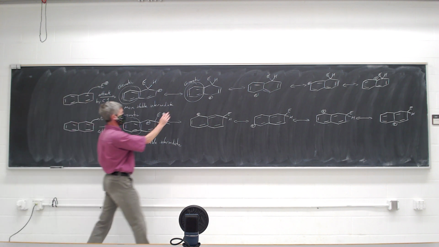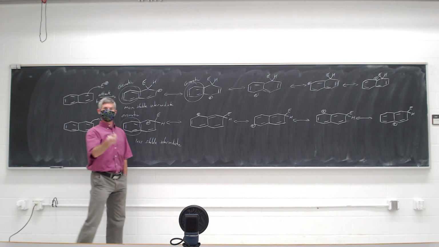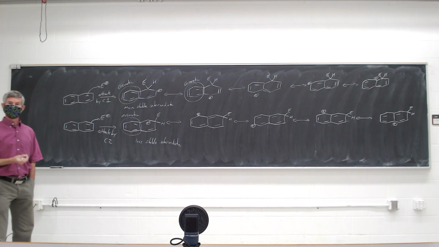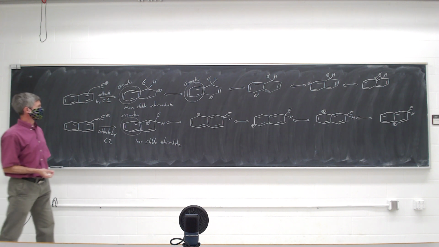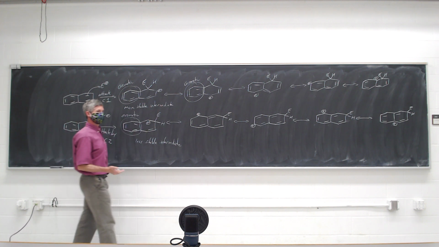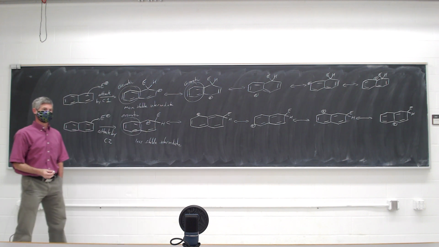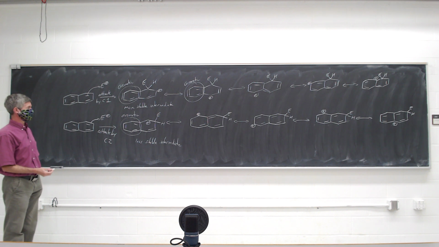This additional structure that leaves the aromaticity of the left-hand ring, the second ring, intact, is the reason for the greater stability of that set of resonance structures. 2 resonance structures that maintain the aromaticity of the other ring versus 1 resonance structure that maintains the aromaticity of the other ring.